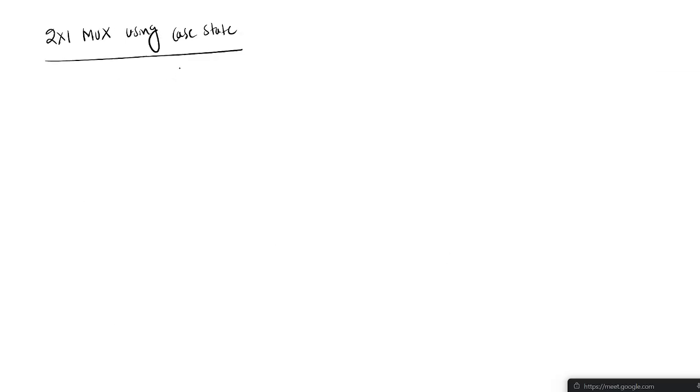So here I am writing the 2 cross 1 mux by using case statement. Module 2 cross 1 mux. This is my module name or identifier.